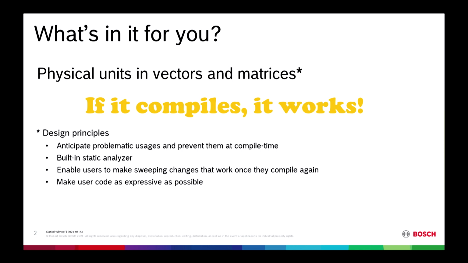Furthermore, we'll try to enable users to make sweeping changes to their code that work once they compile again. And last but not least, we'll try to make user code as expressive as possible. That means ideally you should be able to tell from a single line of code what is going on in that code line without having to have any background knowledge.